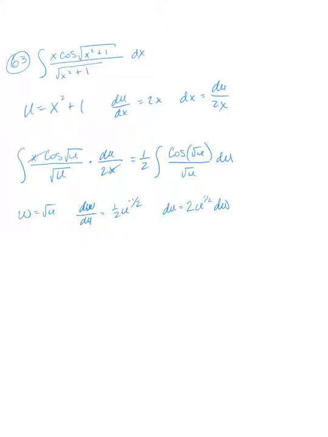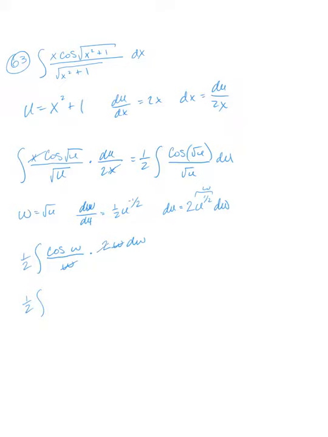Okay, so now my integral, when I make this new substitution, is going to be 1/2 the integral of the cosine of w over w times 2 u to the 1/2, that's actually w, so this is going to be w dw. The w's cancel, and I have 1/2 the integral.